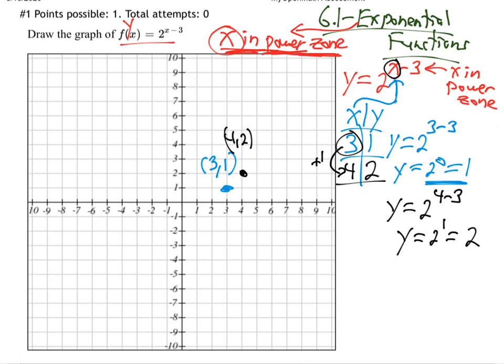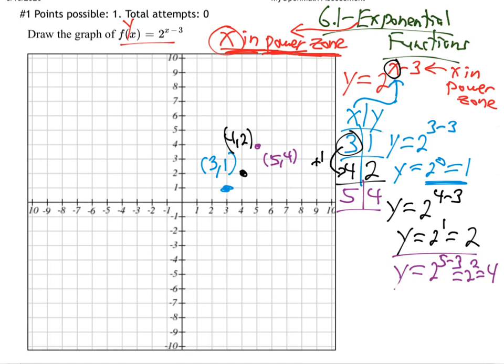That's all you need is 2 points, but let's just do another one for fun. What if we plug in 5? Y equals 2 to the 5 minus 3, which is 2 to the 2, which is 4. So that's over 5, up 4.